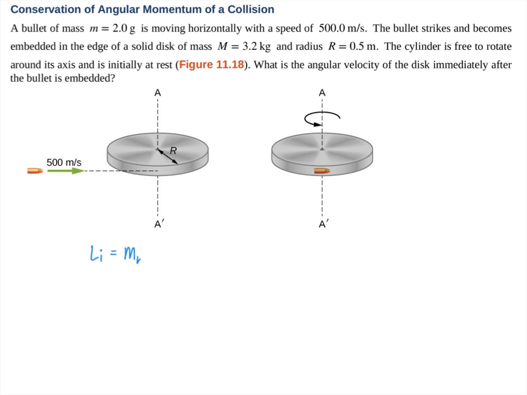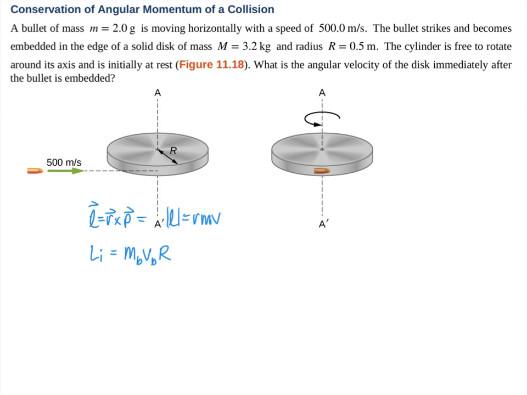So it's the mass of the bullet times the velocity of the bullet times the radius, because angular momentum is r cross p. And so the magnitude of that is just r and v, because the r and the v are perpendicular to each other.